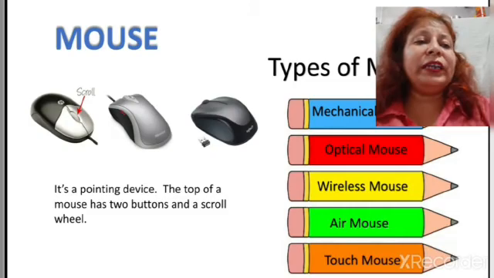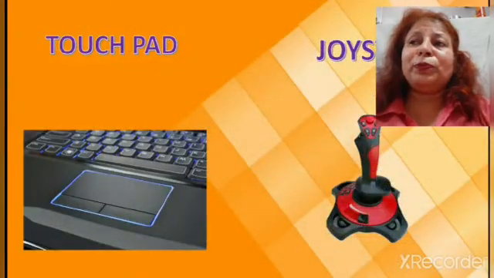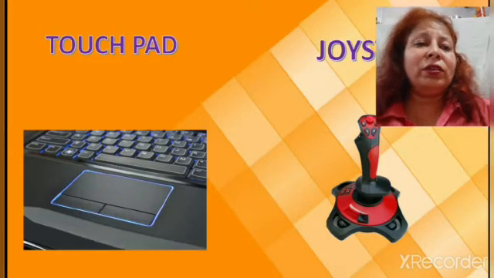Now the next input device is the touchpad. You have seen the touchpad in the laptop. You can move your finger on it and it works accordingly. In place of a mouse, laptops have the touchpad.